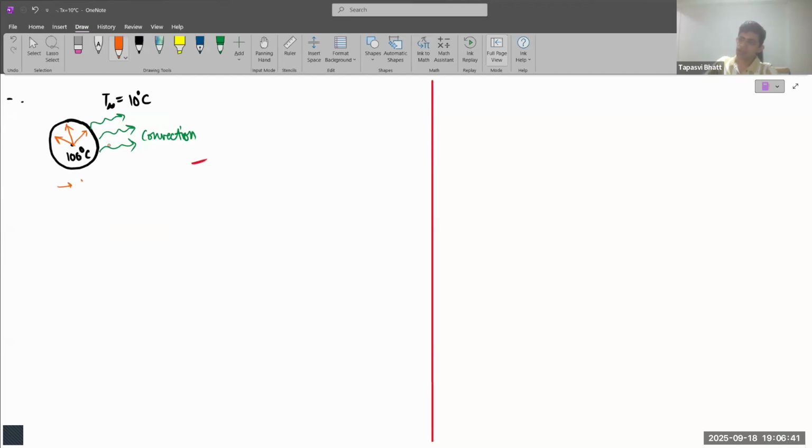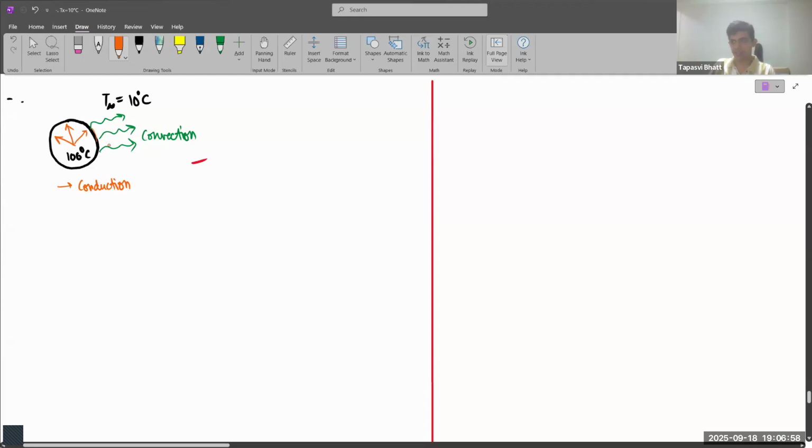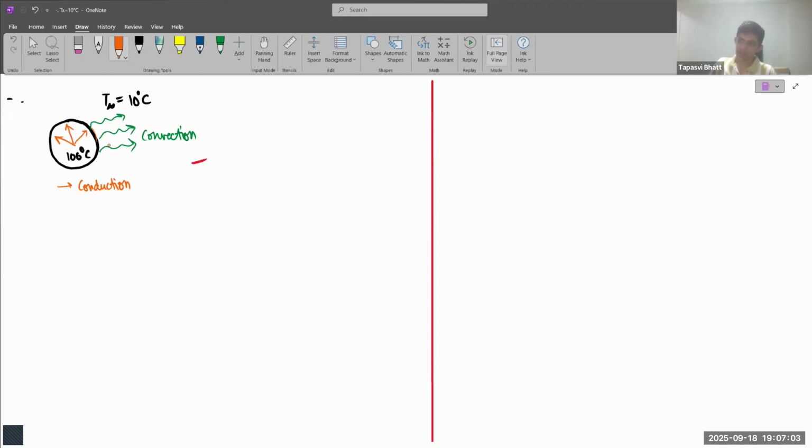So this is conduction, because the center is going to be heated and very quickly the surface temperature is going to reduce because of convection, and hence the center is going to provide the heat.